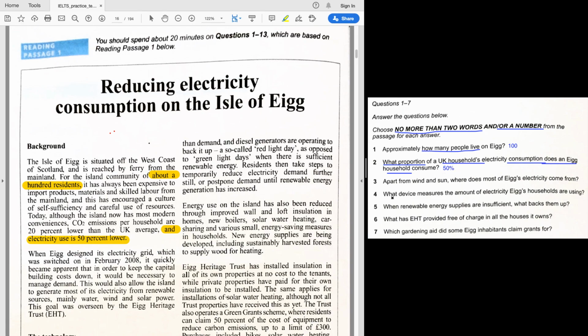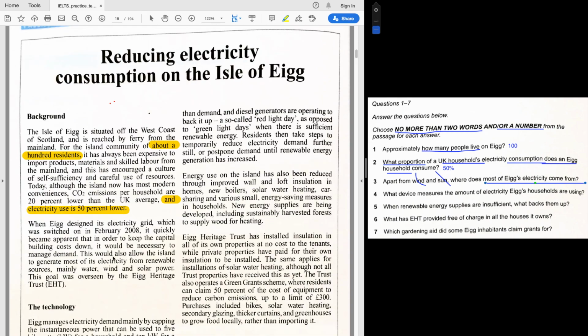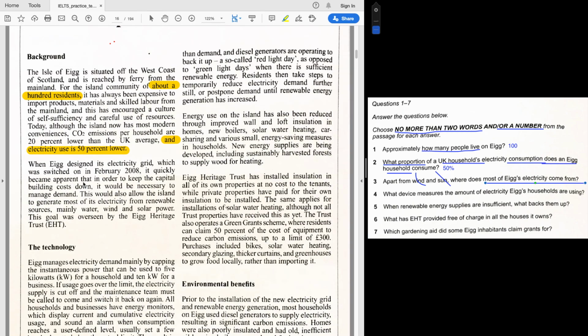Good. Apart from wind and sun, where does most of Wight's electricity come from? So we're not thinking of wind, we're not thinking of sun. Most of its electricity comes from... this would also allow most of its electricity from renewable sources, mainly water, wind, and solar power.